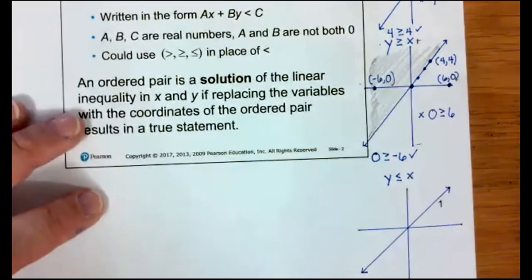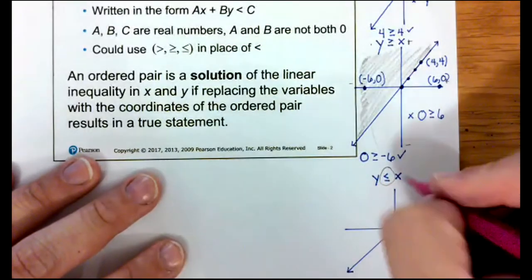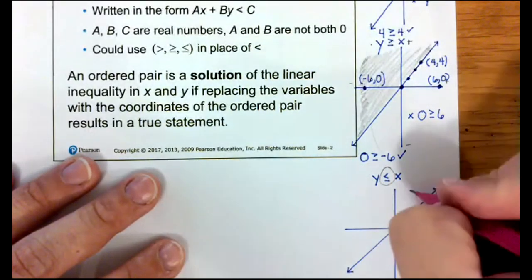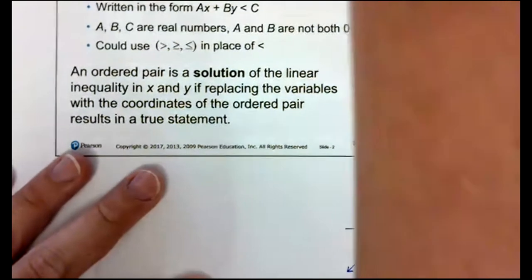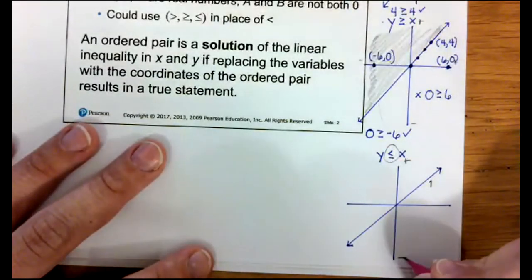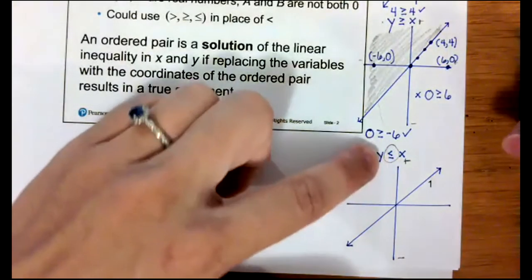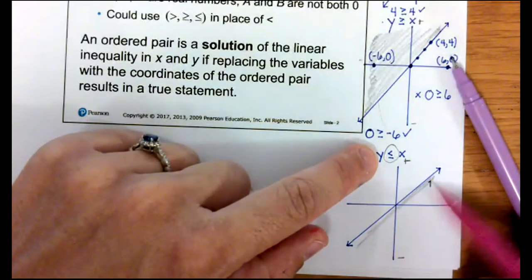But now I'm shading below. So this is less than, right? This is the y-axis. This is toward positive y. This is towards negative y, right? It's less than. So I want to shade towards negative y.